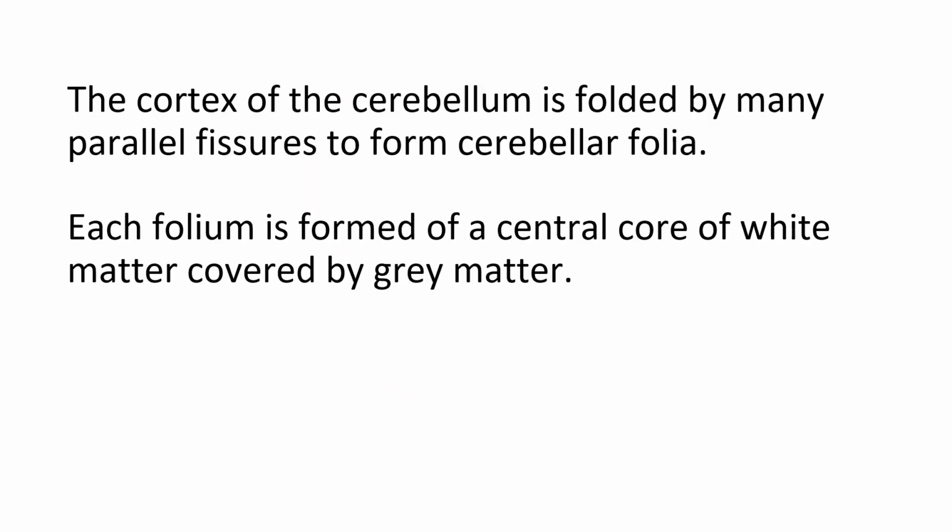The cortex of the cerebellum is folded by many parallel fissures to form cerebellar folia. Each folium is formed of a central core of white matter. This white matter is covered superficially by gray matter.